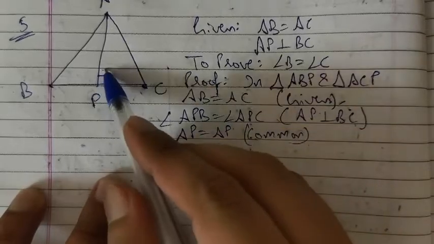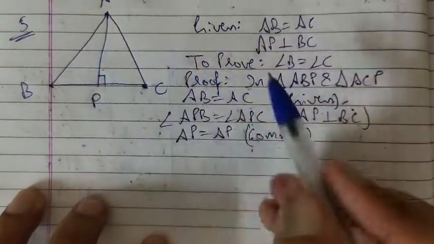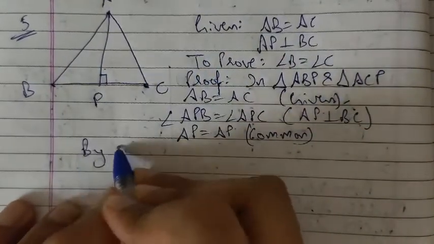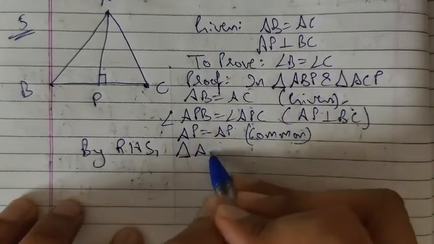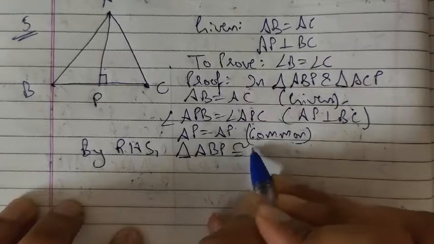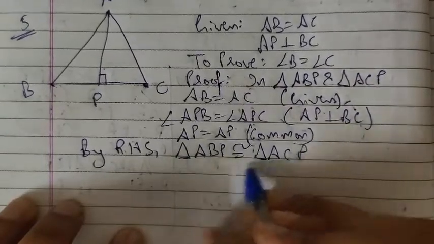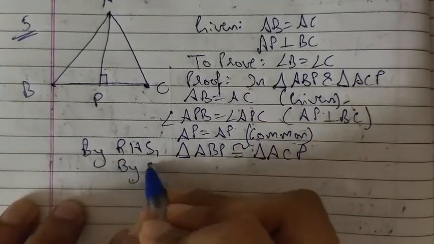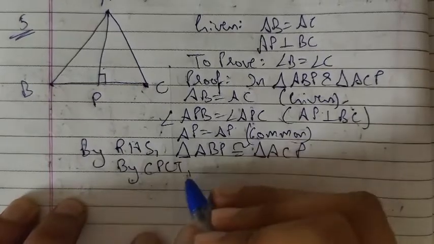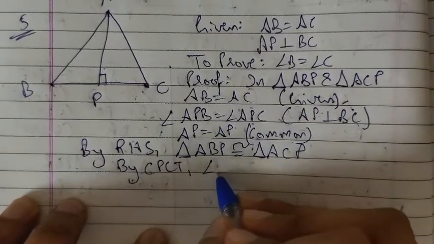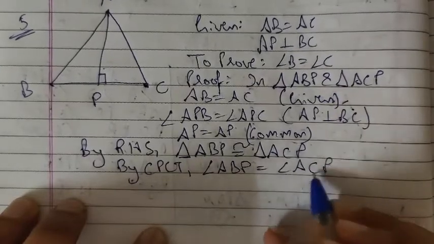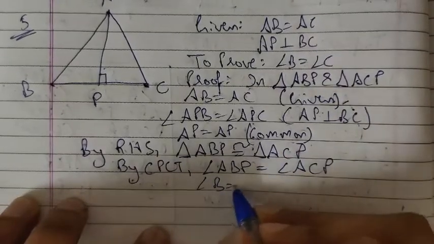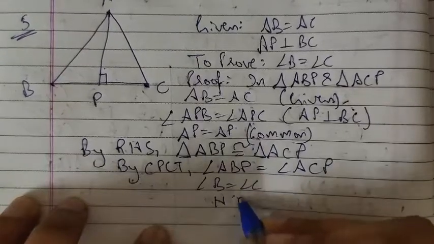So by right angle, hypotenuse and side, so by RHS, triangle ABP is congruent to triangle ACP. So by CPCT, we know that angle ABP is equal to angle ACP. So angle B is equal to angle C, hence proved.